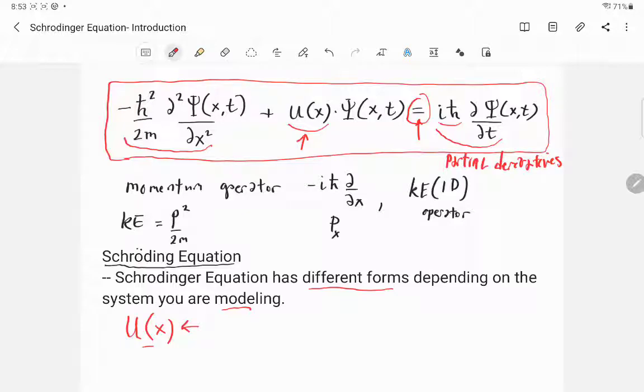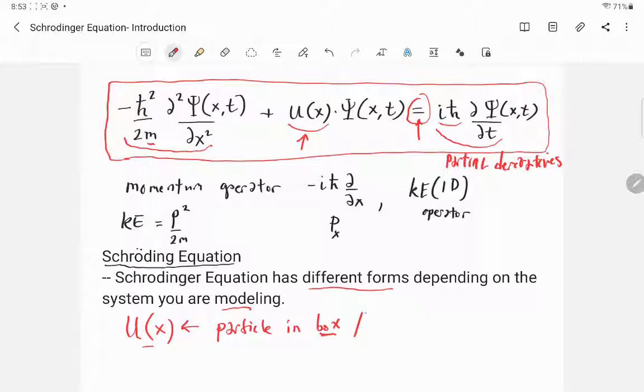We will, a little bit later, just a few lectures from here, put in details that cause us to consider a particle of mass m stuck inside of a box. So u of x expresses the box.